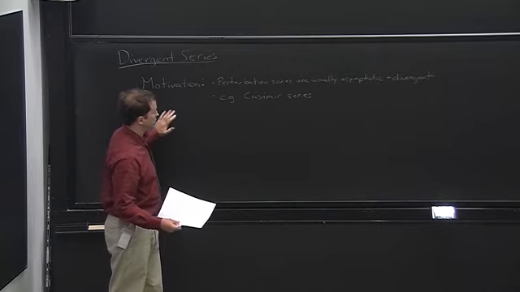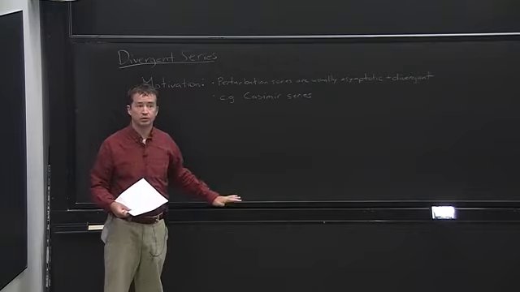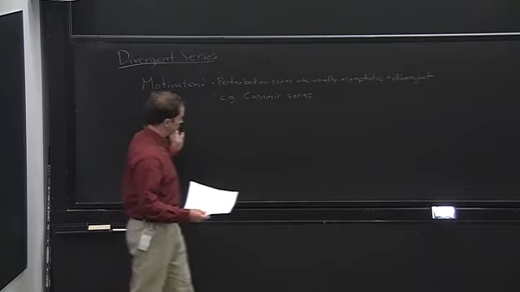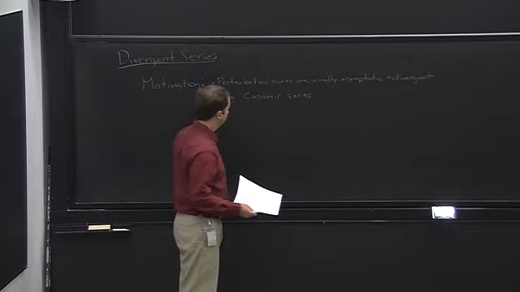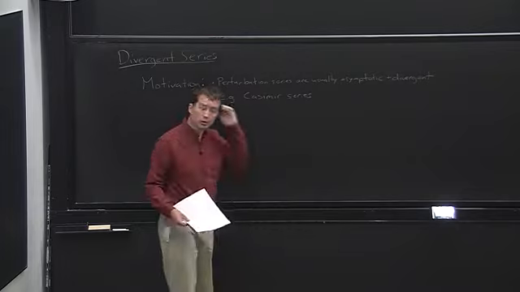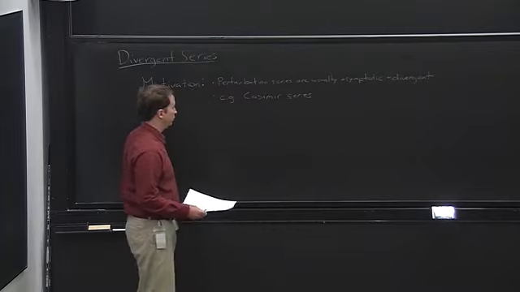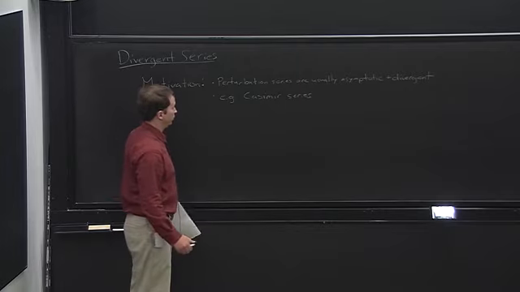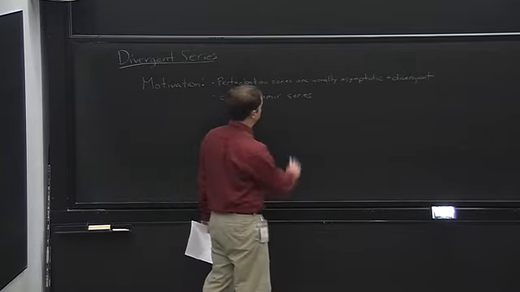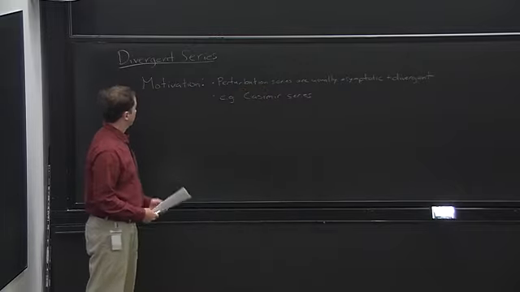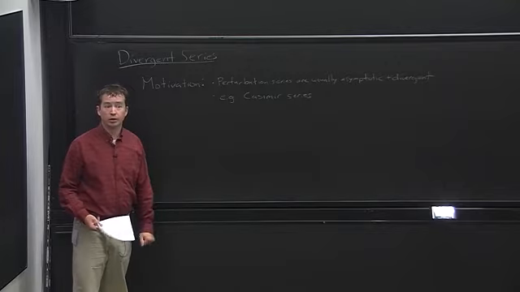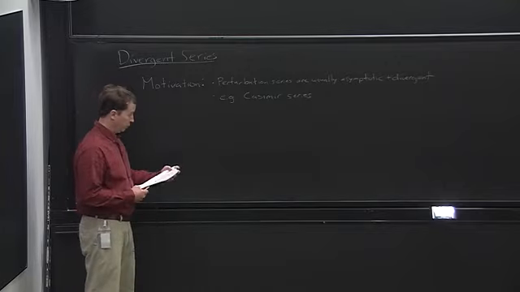I won't discuss divergent integrals in today's lecture, but there's a very close connection that we'll see more of in the quantum field theory courses later in the year. So that's some of the reasons why we're interested in divergent series.